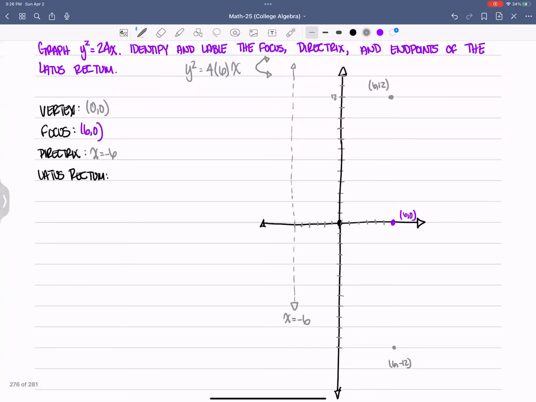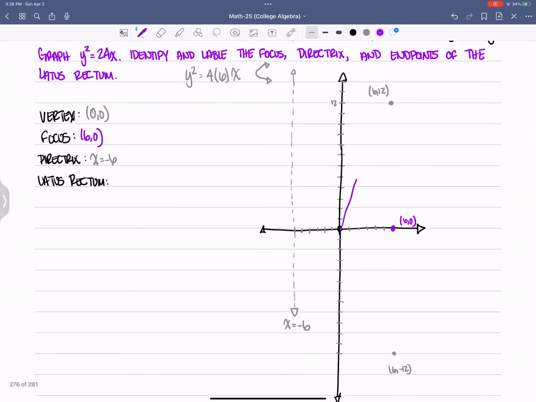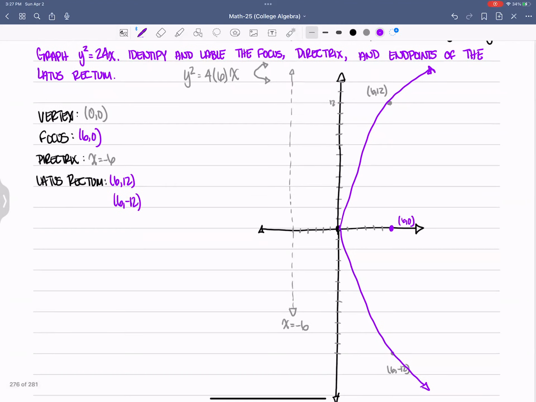Our graph ends up being from here out this way, going in that direction, and from here out this way, going in this direction. So 6, 12 and 6, -12. And there we go.